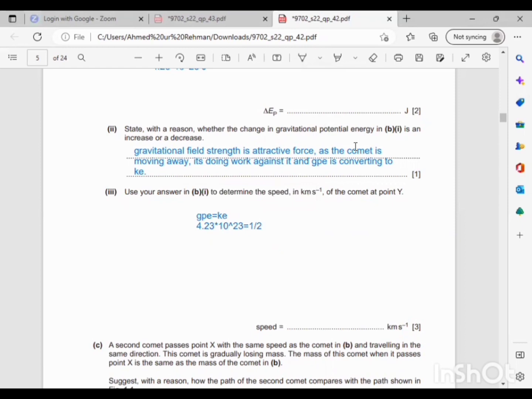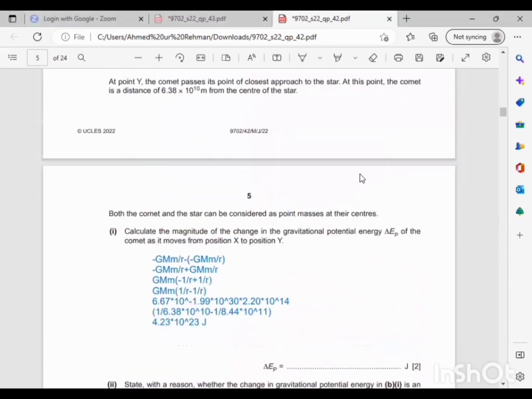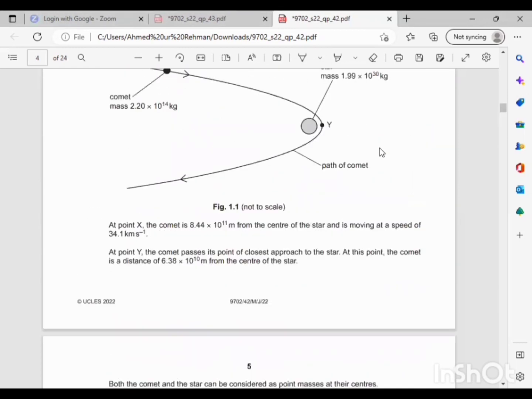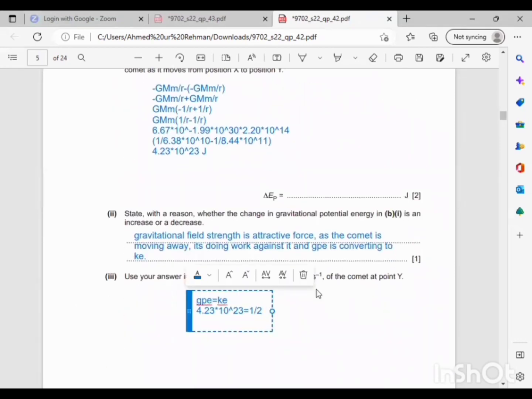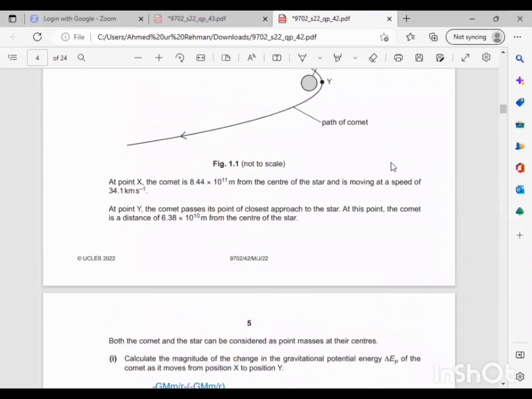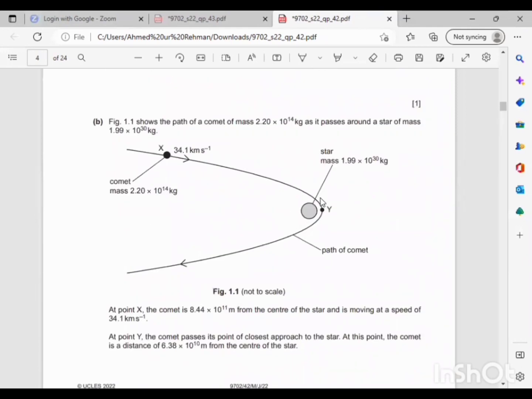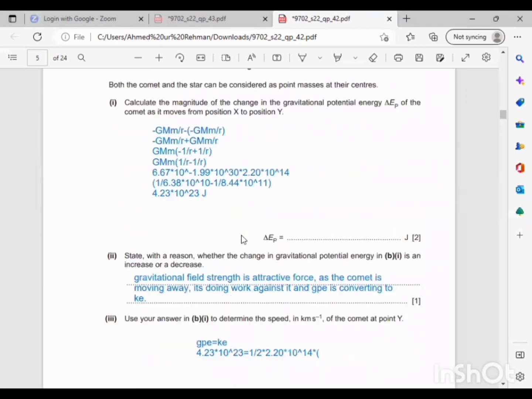If you look at the mass of the comet, it is 2.20 into 10 to the power 14. So that is our mass, and our change in velocity is the final minus initial. Let's take a look again. This will be the final point, which we don't know, and this is the initial point, which is 34.1.